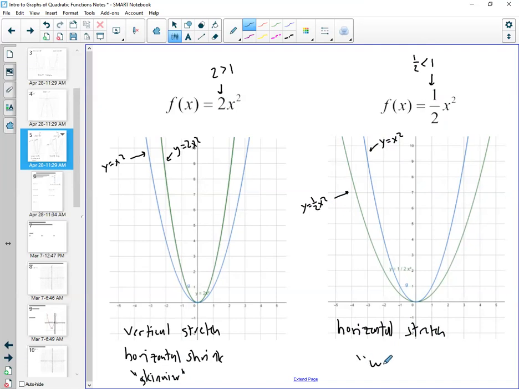And it's like it got wider. So when we multiply numbers on the outside, if the number we multiply is larger than 1, it stretches it vertically. If the number we multiply is a fraction, between -1 and 1, then it makes it wider. So skinnier, wider.